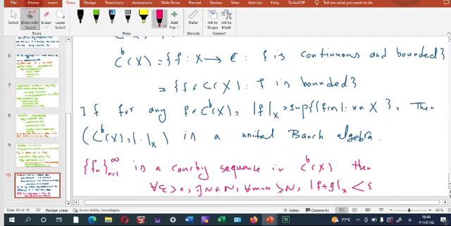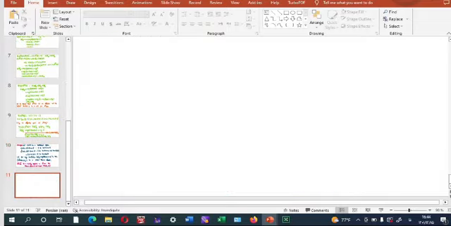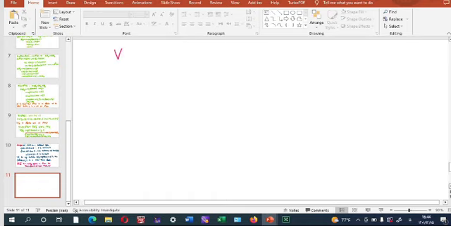but we know that for any x in X, this is less than or equal to this norm, because we know that this is the supremum of all elements of this form.